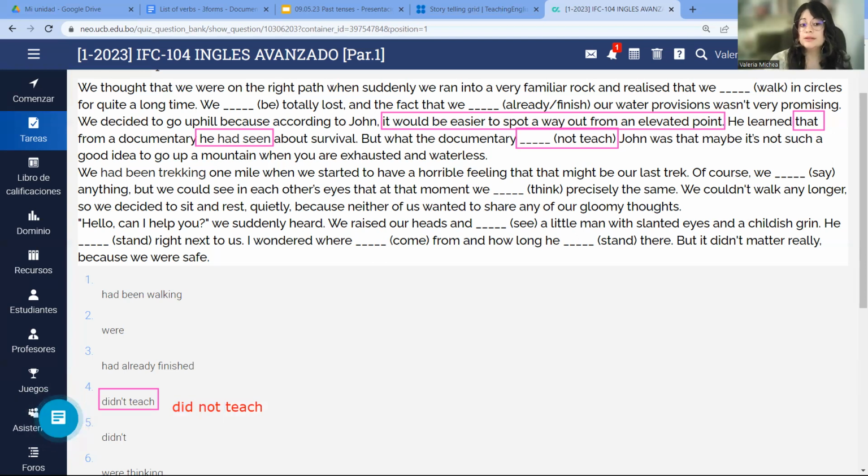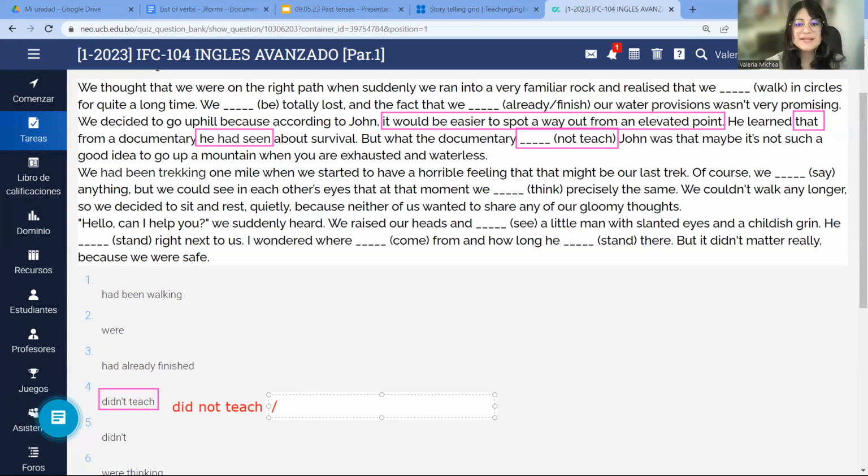Valeria, could you please write the two options that we can use in this part? What do you mean? You said that you preferred to use "didn't teach," but there was also another option. Yes, all right.